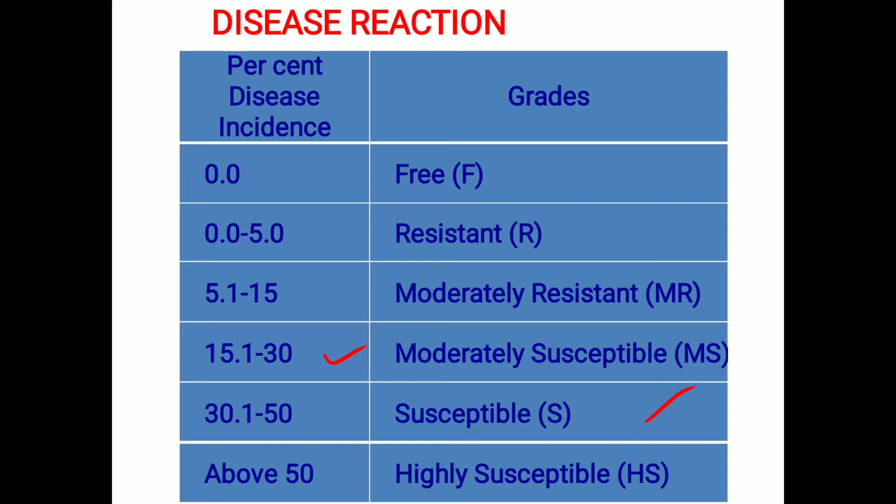If the PDI is above 50%, the crop is highly susceptible to the pest or disease. So PDI indicates the grades: free, resistant, moderately resistant, susceptible, highly susceptible, etc.